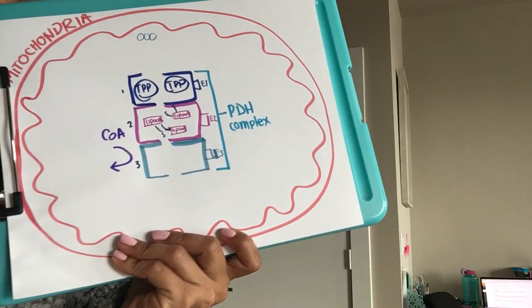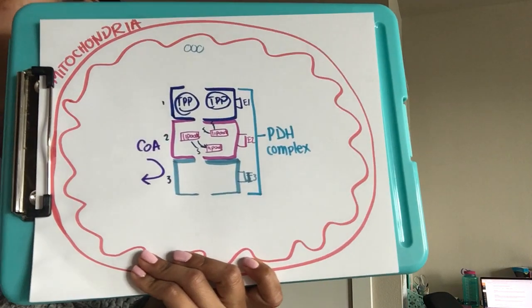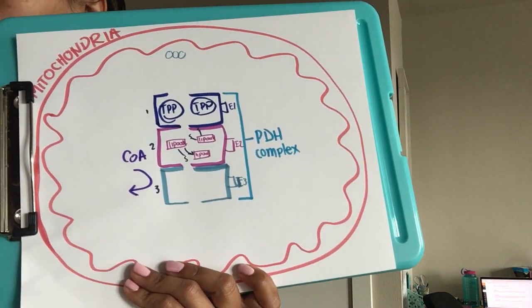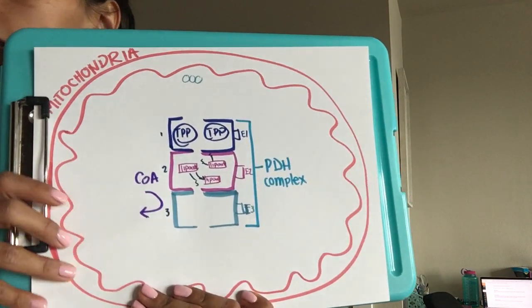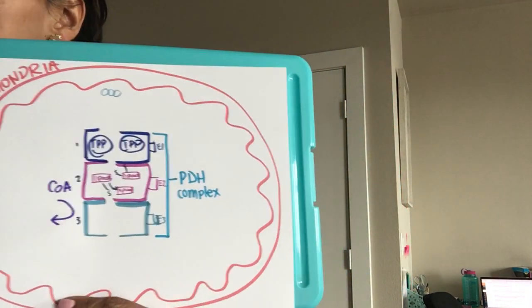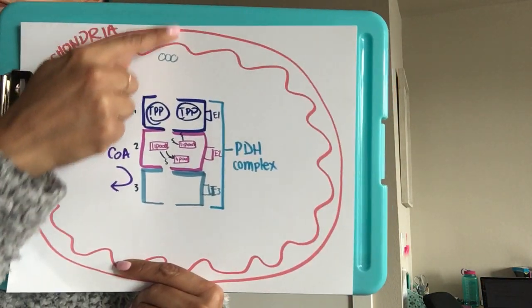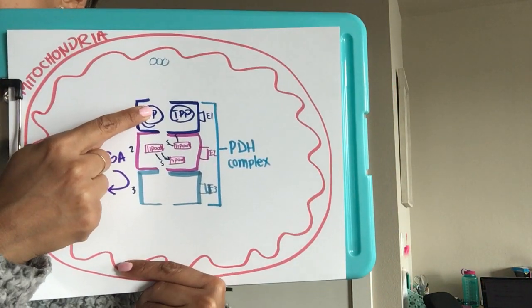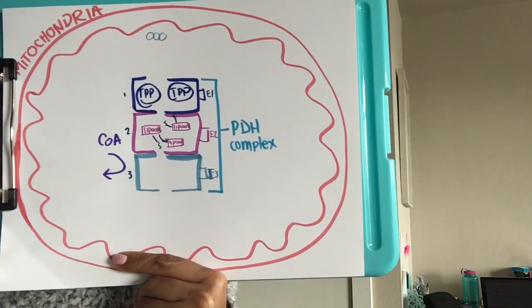This pyruvate production can be from 2 different pathways, one anaerobic and the other aerobic. In this presentation, we're going to focus on the aerobic pathway. In order for the pyruvate to cross into the mitochondria, it has to be in an environment full of oxygen.